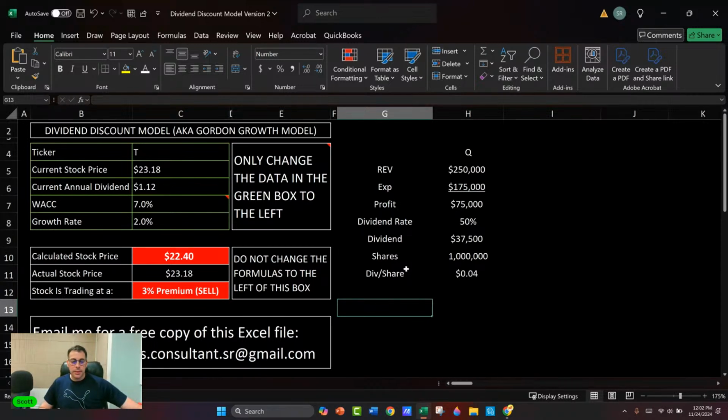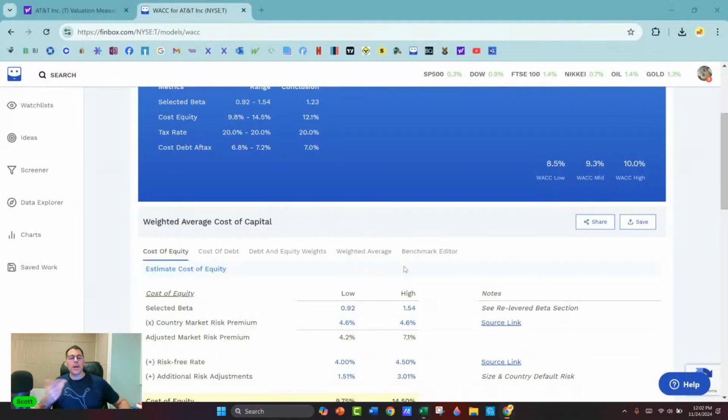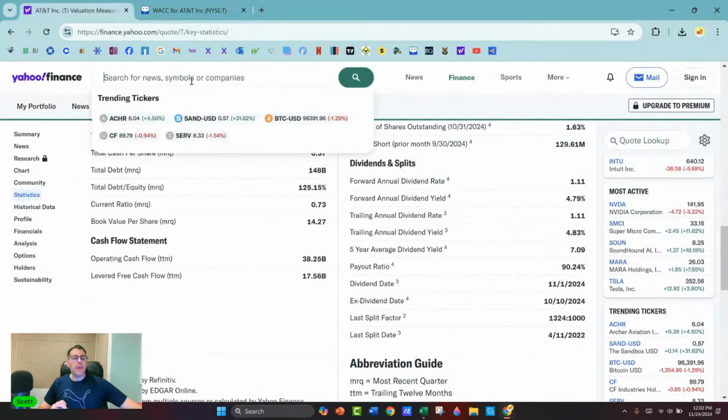So it's pretty simple. There's not much interaction. But let me know if there's other companies. Like NVIDIA, you couldn't do a dividend discount model because they pay such a small percentage of their profits.